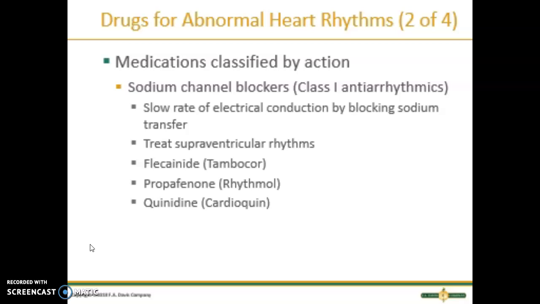Potassium channel blockers affect potassium to successfully treat both ventricular and supraventricular arrhythmias. Calcium channel blockers block calcium ions, dilate the heart vessels, and thus decrease the workload of the heart. These are generally used for patients with very rapid arrhythmias.